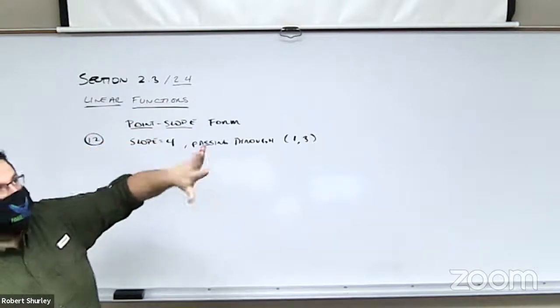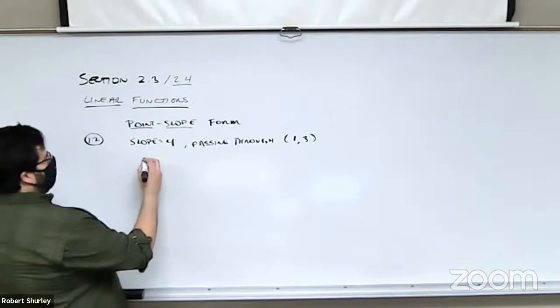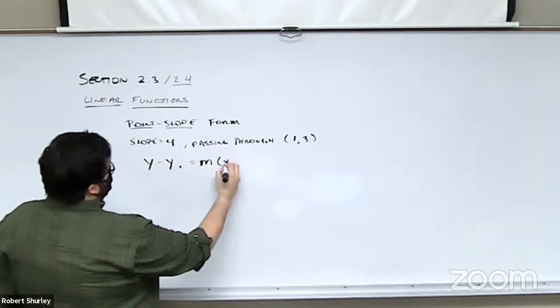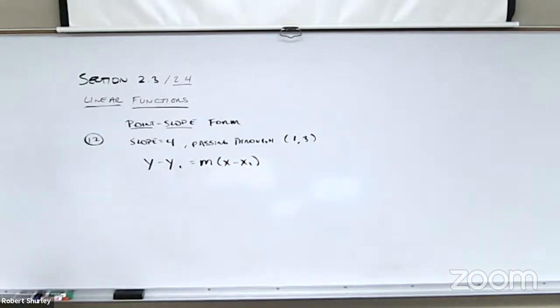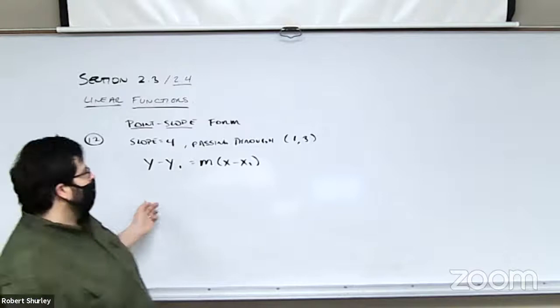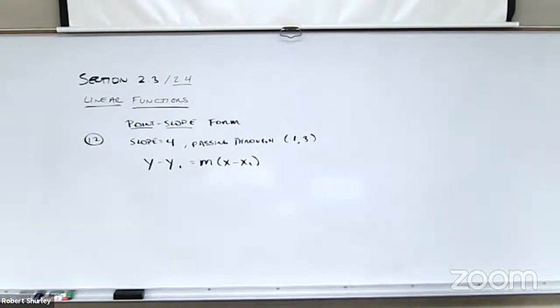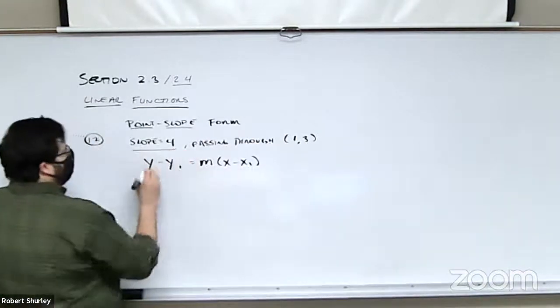So now point slope form looks like this, and it comes from the slope equation, if you just multiplied the denominator over. It looks like this: y minus y1 equals m times x minus x1. Now look, the m is right here. That's your slope.